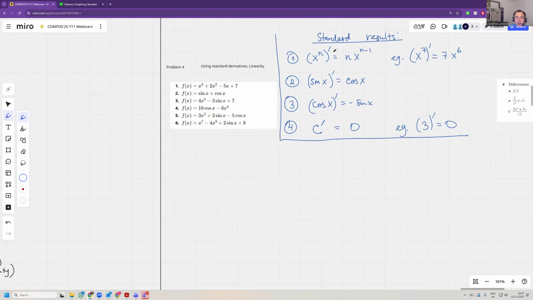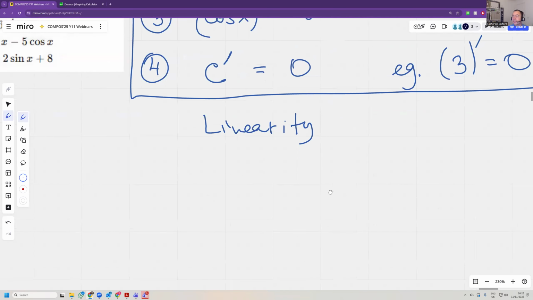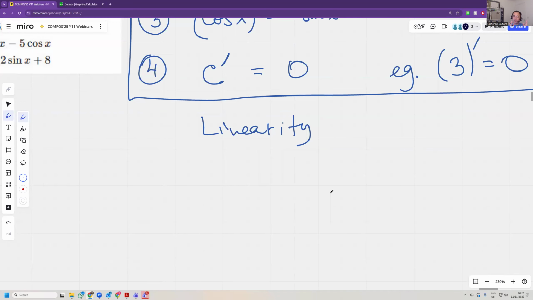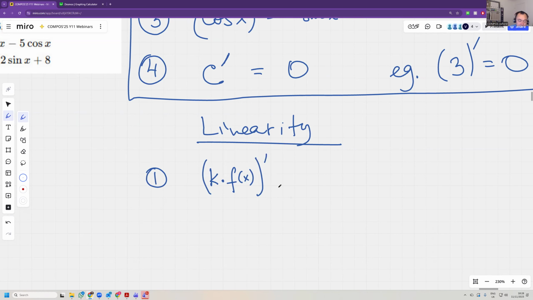Now, let's talk about linearity. What is linearity? Linearity means that the derivative of a sum is a sum of derivatives. So the first property of linearity: if you have a constant k multiplied by f of x and you're trying to find the derivative, it's simply k multiplied by the derivative of f of x.